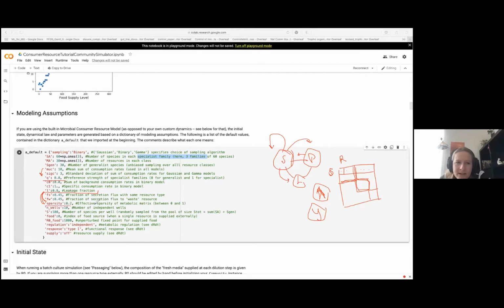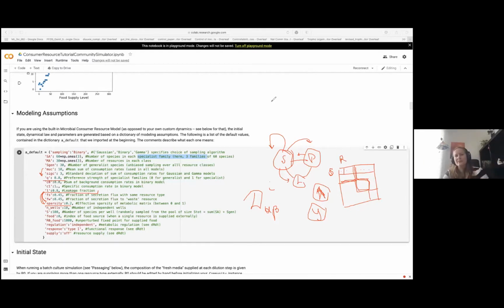Sparsity is also specifying this matrix, which was the stoichiometry matrix D_i alpha beta. This matrix shows how you convert one resource to another.